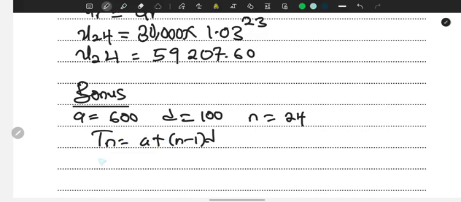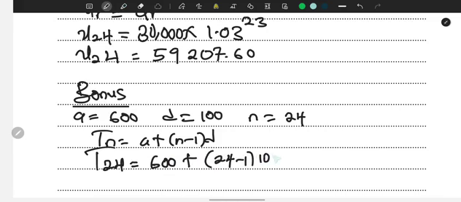So C24 now, first term is 600 plus (24 minus 1) times 100. So this is 600 plus 23 times 100, and this will give us 2,900.